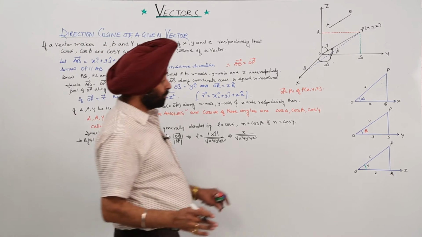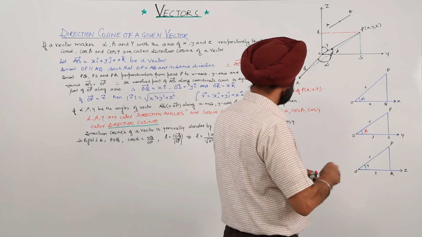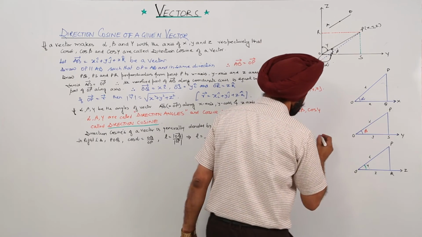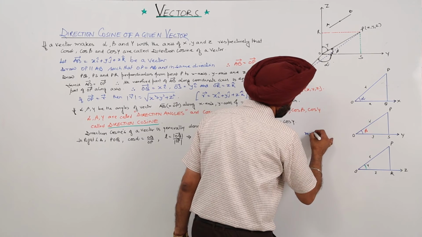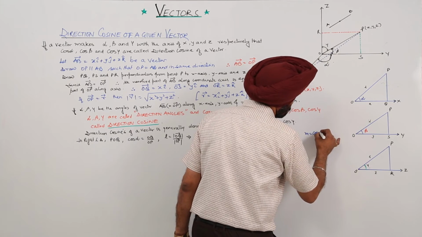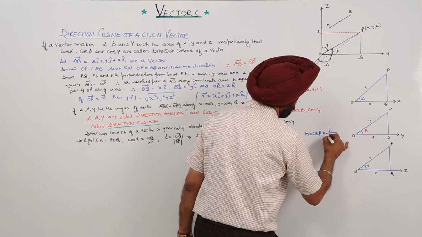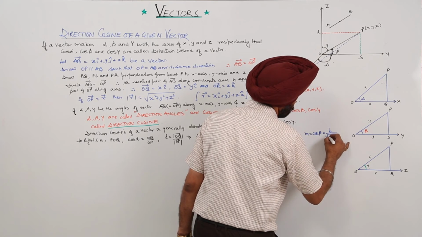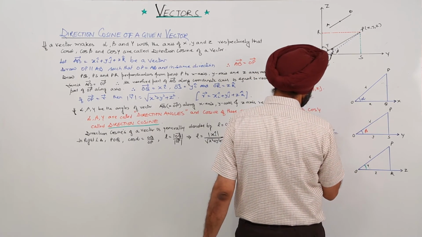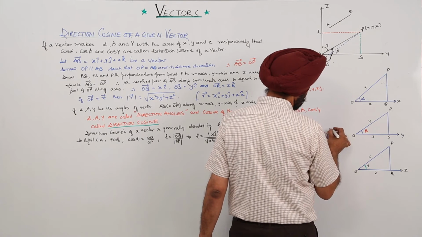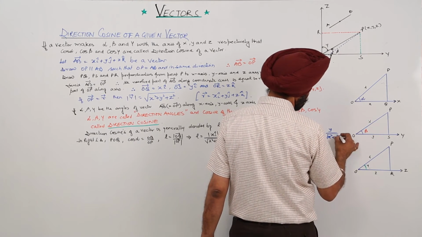Similarly, you can go for this part and this part. For this part, M is equal to cos beta and this is equal to y upon square root of x square plus y square plus z square.